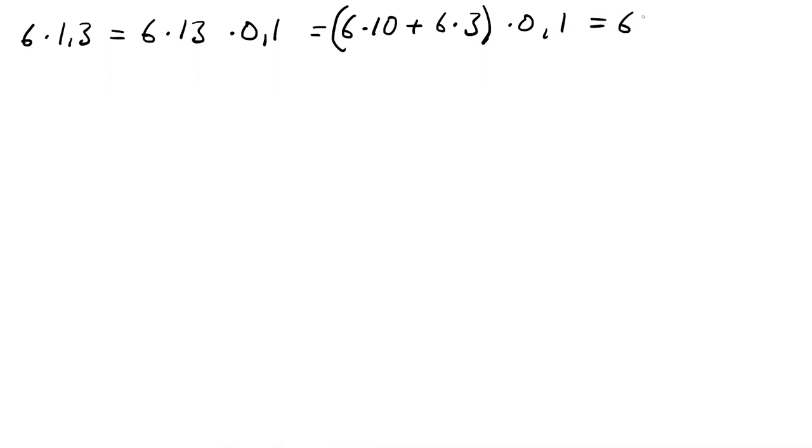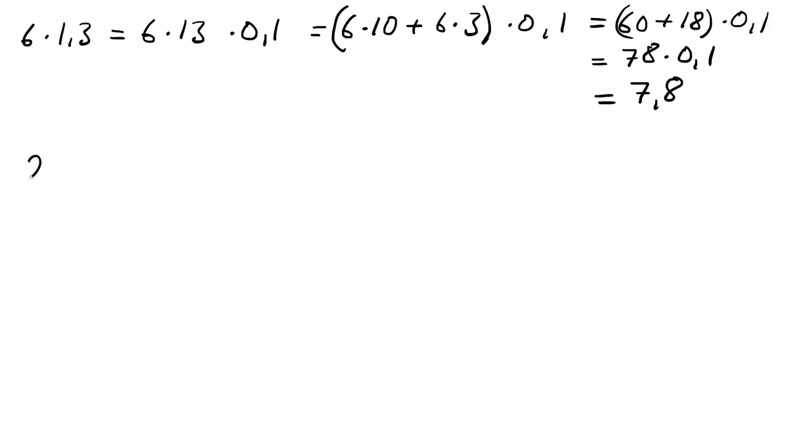So this is 60 plus 18. So 78. And then you just need to remember to move the decimal sign one step in the end. So this is 7.8. So we will mainly focus now on integers. So first of all, you should learn how to do mental computation with integers. Then it's not so difficult also to train on doing decimals.